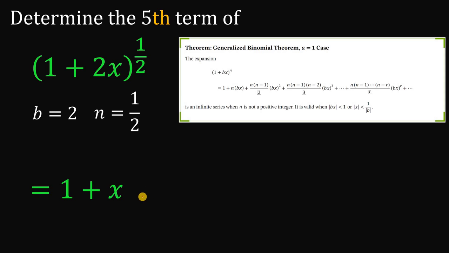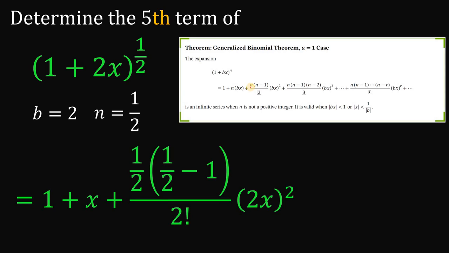Now let's have the third term. The third term is n multiplied by (n - 1), so we have 1/2 times (1/2 - 1) over 2 factorial multiplied by (2x) raised to the power of 2.